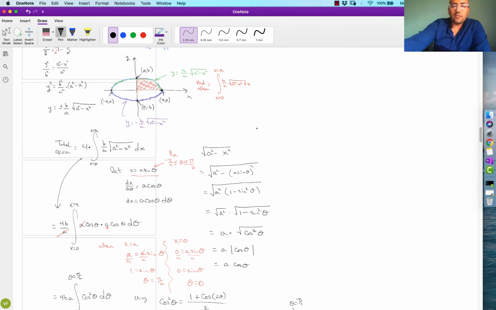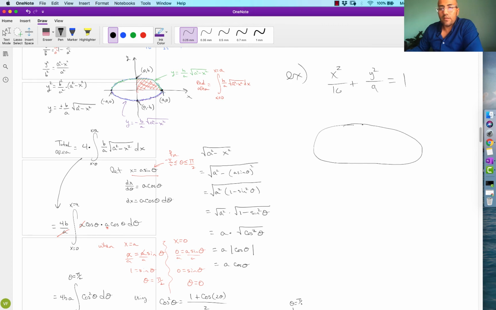So for example, if I had x squared over 16 plus y squared over 9 equals 1, then I want to know the area of this whole thing. I know that this is going to be an ellipse that looks a little like this, only not so ugly.